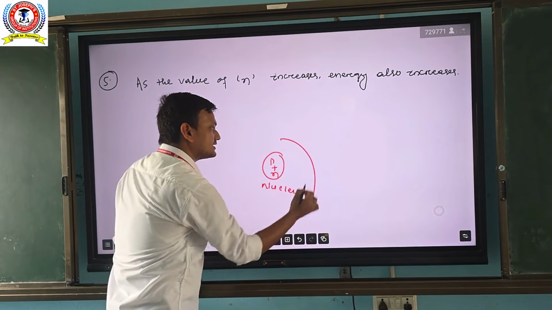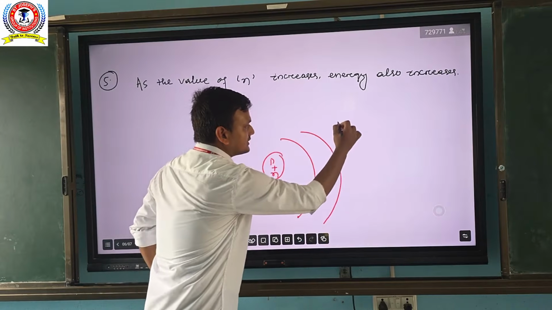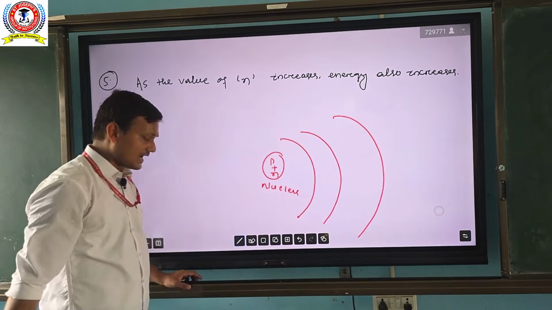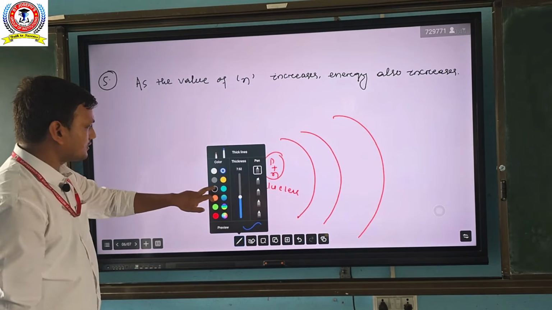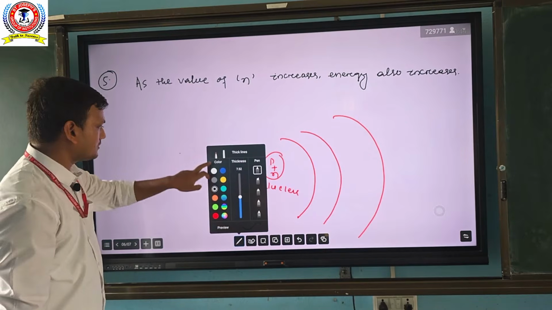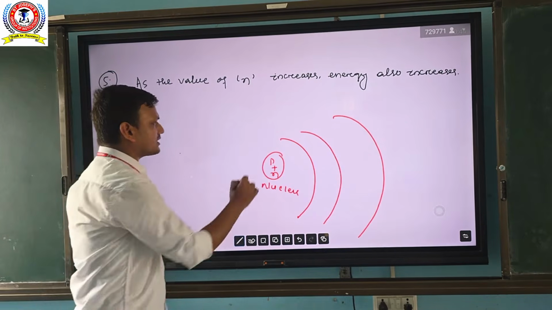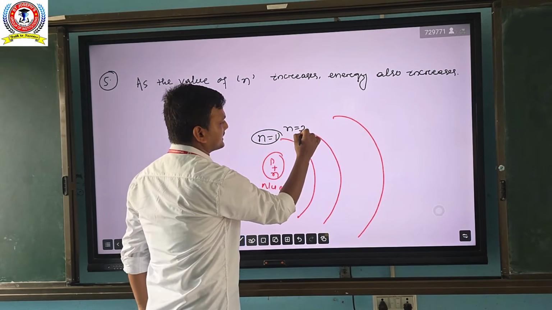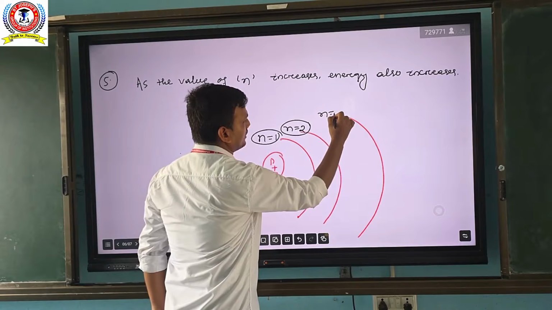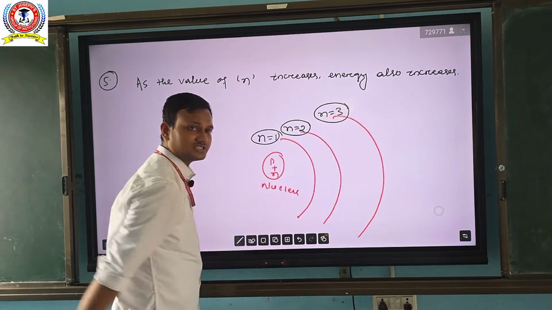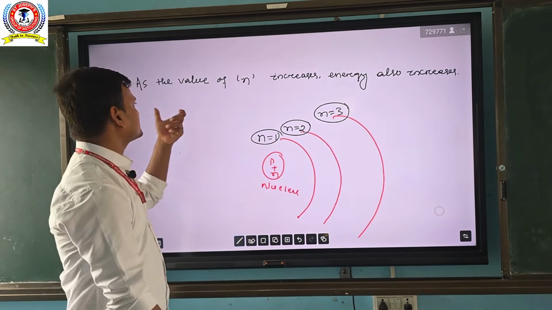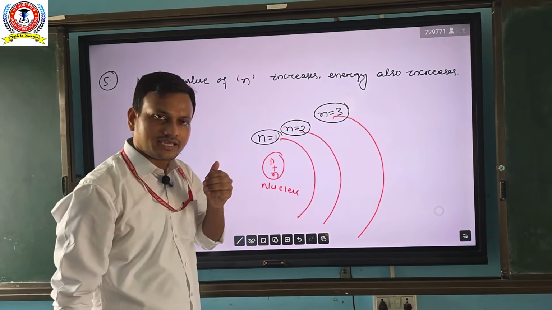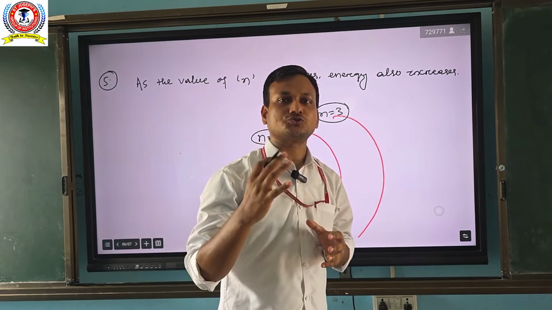This is your first cell, this is your second cell, this is your third cell, and we know that for the first cell, n is equal to 1, for the second cell n is equal to 2, and the third cell n is equal to 3. My point is, when the value of n increases, energy also increases.